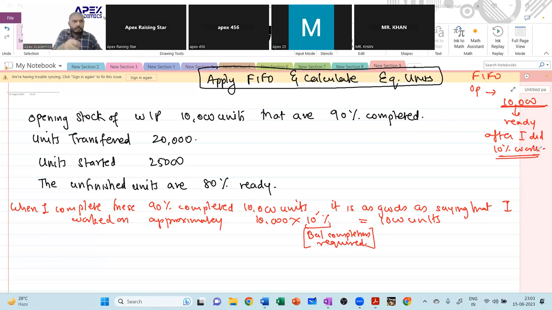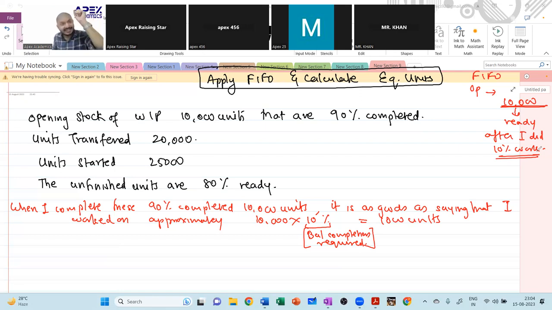So when you open up this period's production, and you say that let me begin, you will begin by finishing all those items that were already incomplete. So first you will complete a work equivalent to 1,000 units. Therefore, you will have ready with you in your hands these 10,000 units. Am I clear about this? Yes or no?